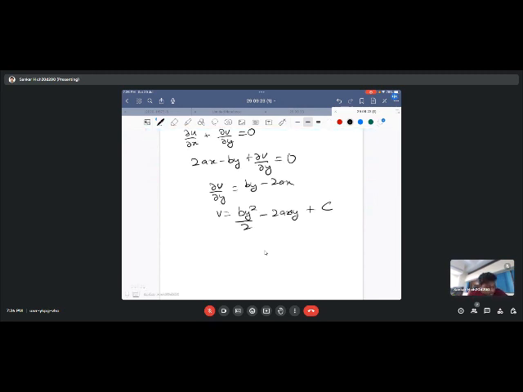Now, what we need to understand here is one crucial thing. This constant does not generally mean an arbitrary constant. It is actually generally a function of x, because when you partially differentiate with respect to y a term that has only x in it, it goes to 0.